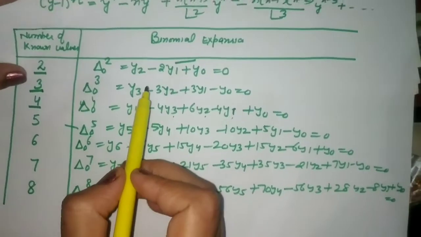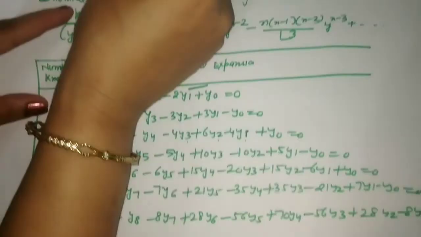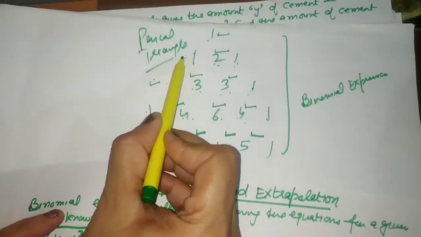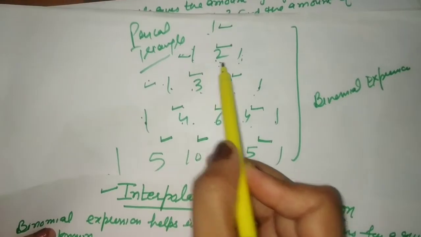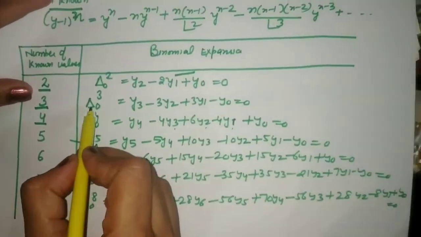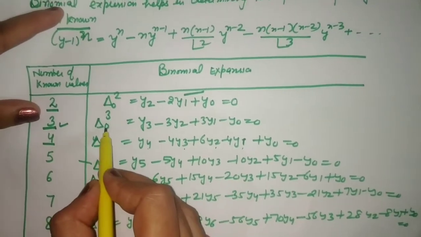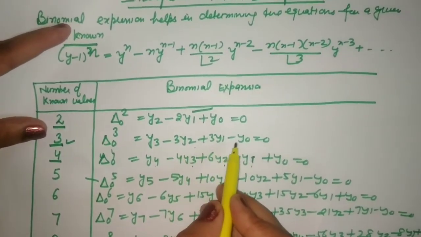That means this is how it is used. If we talk about two variables, y2, I can take y2 minus 2y1 plus y0. Then for y3, three values, delta 0 raised to the power 3 is equal to y3 minus 3y2 plus 3y1 minus y0.